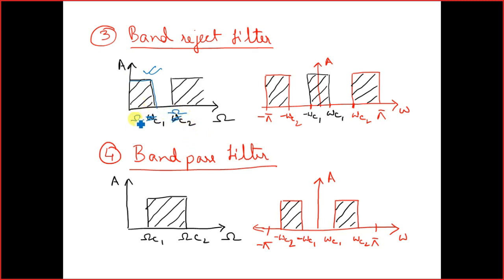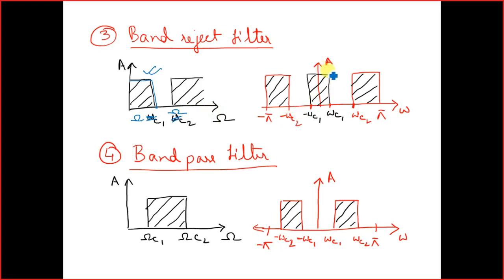So 0 to omega c1, we have one cutoff. From omega c1 to omega c2, we have zero components. So the frequency components in this region will be suppressed, and then from omega c2 to higher omega, we will be having the frequency components which will be passed through.